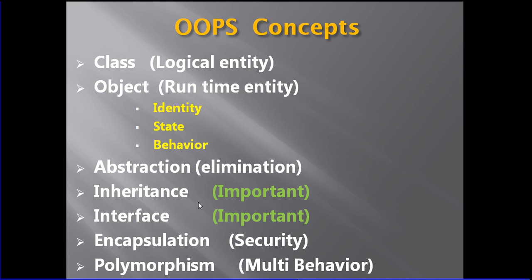For example, from one class to another class, that is inheritance. I have a first class and a second class. I already showed in the previous video that two classes will be there.